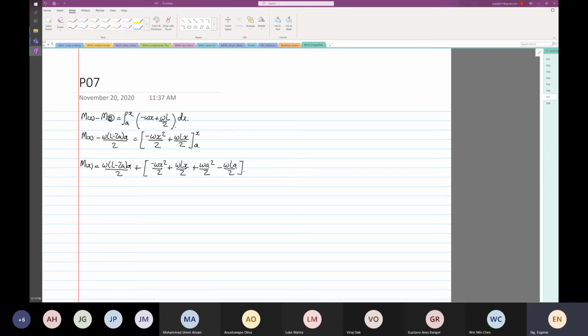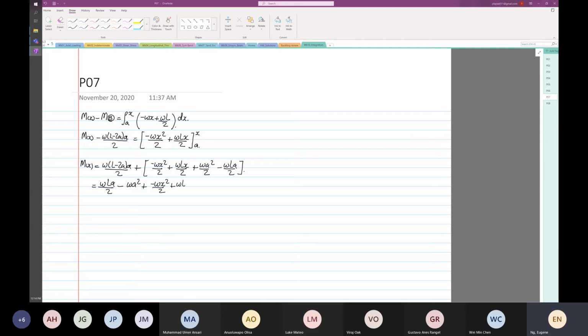Then we just expand the term, omega La over 2 minus omega a squared, then plus minus omega x squared over 2.